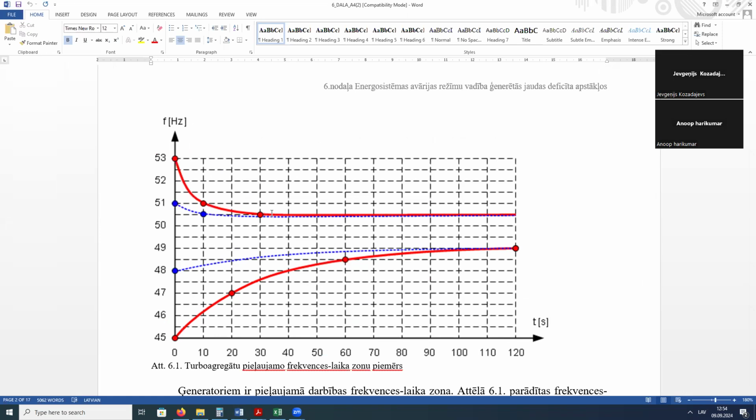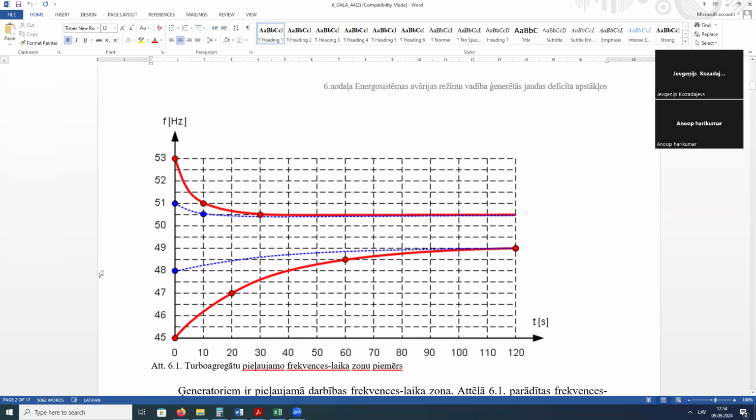So for what time could the turbo generator operate with different frequency deviations? Because as it is dangerous, it means that we have a protection for this generator, and the protection will disconnect this generator from the network if the frequency is not nominal and the operating condition is dangerous.